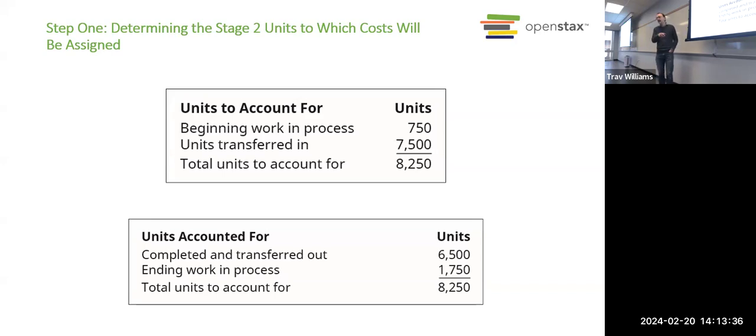So now they've got 8,250 to account for. That's the total number of units they're working on. Now, during the period, they finished 6,500. So they were completely packaged and ready to be sold, leaving 1,750 units still in process because they're not quite packaged and ready to be sold. Okay, make sense? And again, total units to account for matches.